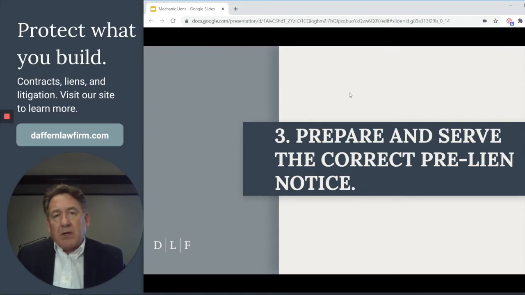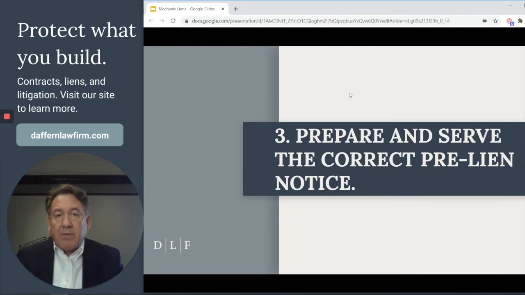Now, let me go back a little bit and talk about why we have pre-lien notices. Well, the simple fact is that these rules were designed to protect owners and let them know who's working on their property. So certain people have to send out the notice to give notice to the owner that they're working on the property, and that would be subcontractors and sub-suppliers.